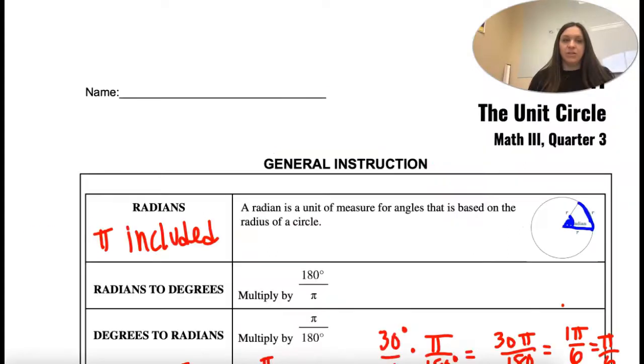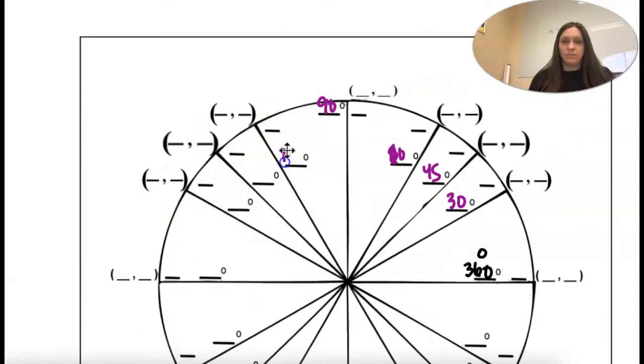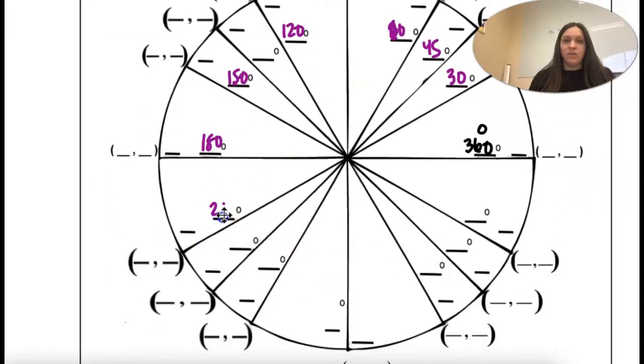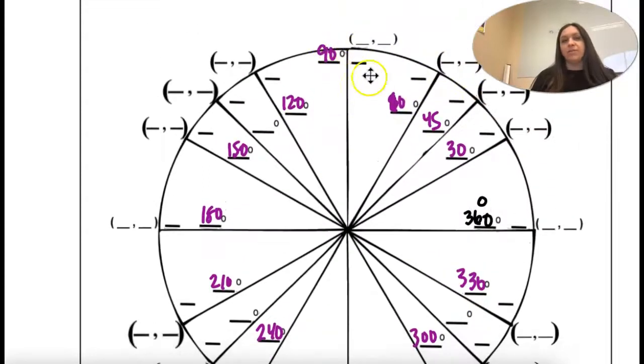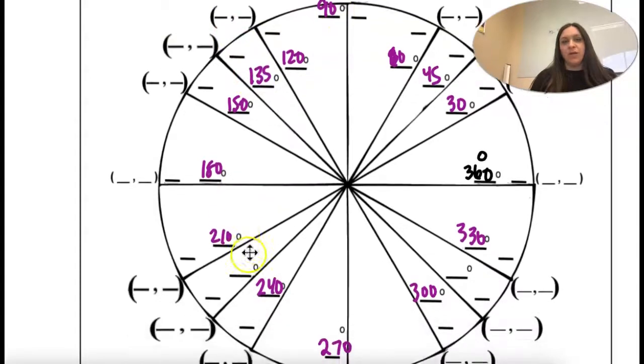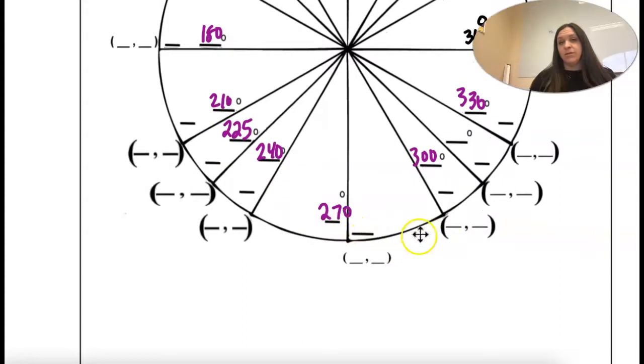I should have just had this copied, but I'll just do it again. 120, 150, 180, 210, I'm adding 30, 240, 270, 300, 330. And then you would do 45: 45, 90, 135, 180, 225, 270, plus 45 is 315.